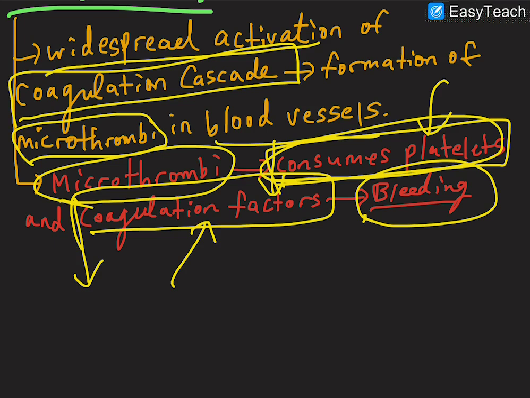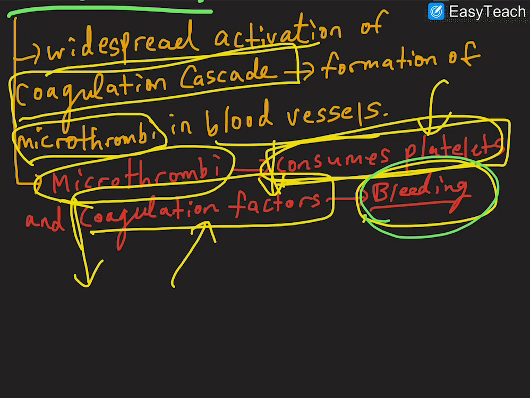So when it comes time to actually stop bleeding, you can't stop it, because you're using your platelets and your coagulation factors. So yes, you are making a lot of clots, but that also puts you at an increased risk of bleeding. And that's what we see in DIC.